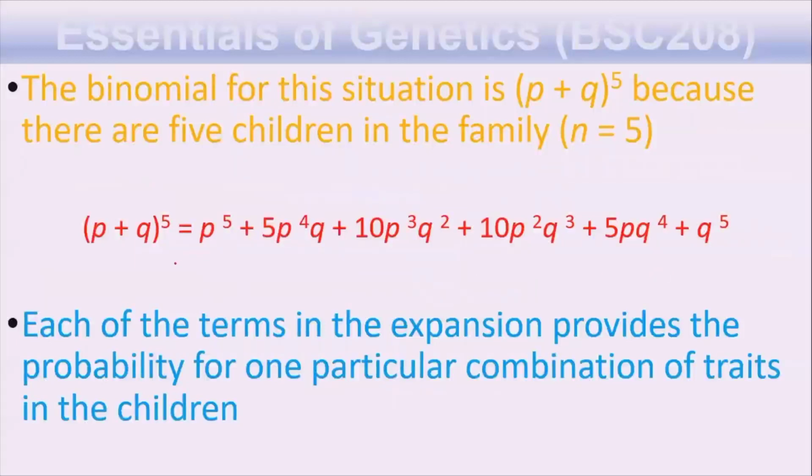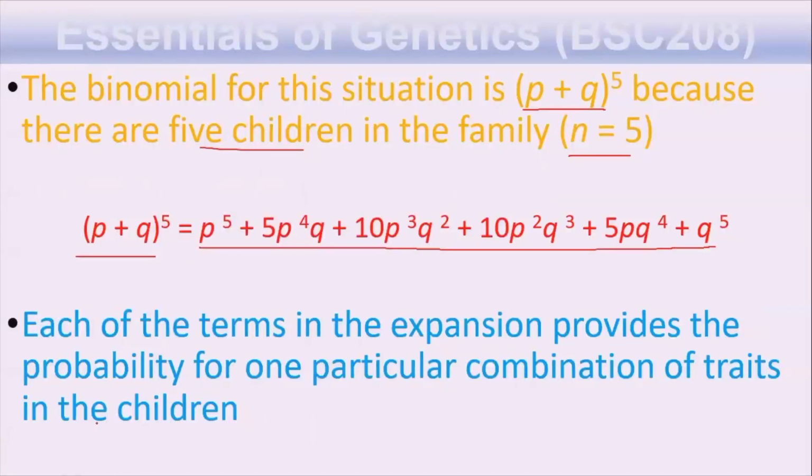We can do the previous method also, but by using the binomial, for this situation it is (p + q) raised to the power 5, because there are 5 children in the family. So n is equal to 5. If we expand this formula, we will get this whole equation. Each of the terms in the expansion provides the probability for one particular combination of traits in the children.